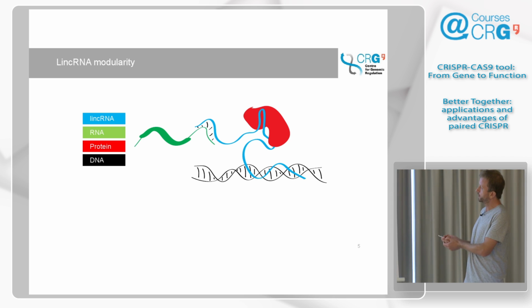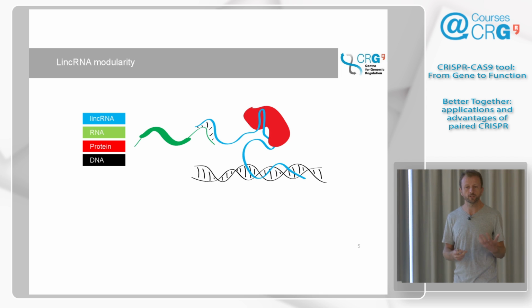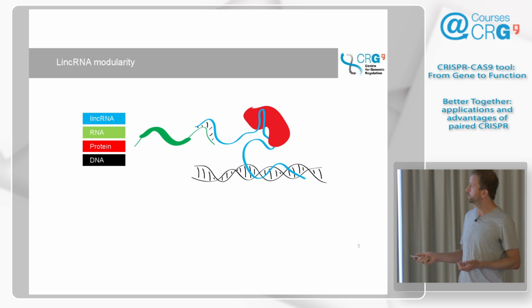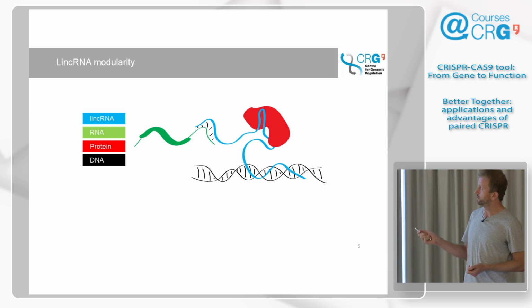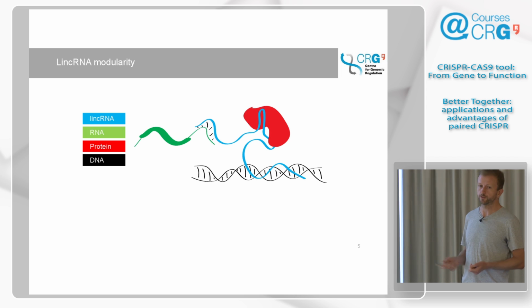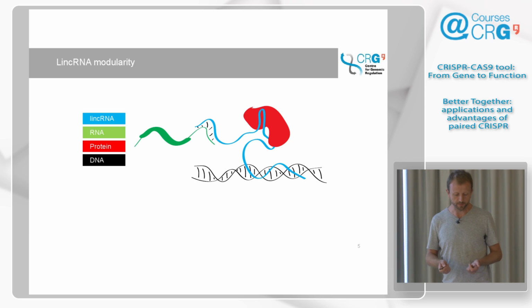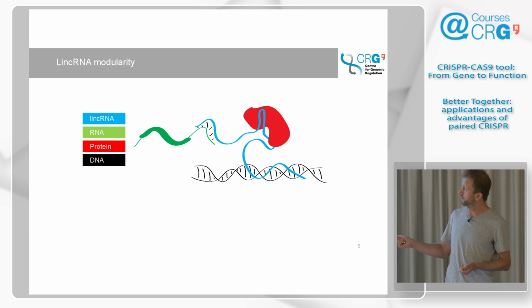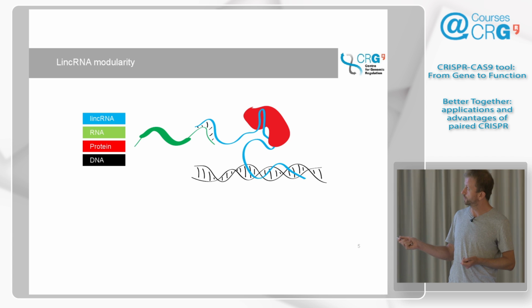There are many reports suggesting that they interact with genomic DNA through some kind of canonical or non-canonical base pairing, and we know that they interact with all kinds of proteins, either through structures or through sequence elements. And so this leads to the idea, which again I'll come back to, that link RNAs may have domains, and that it would be cool if we could actually start to knock out these domains and see what the effect is on their function.